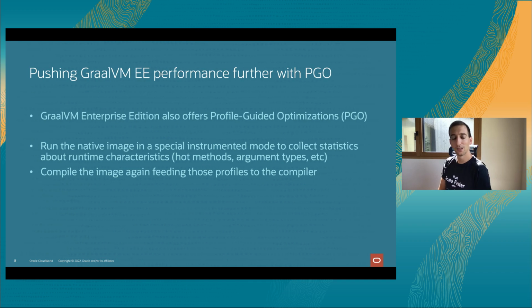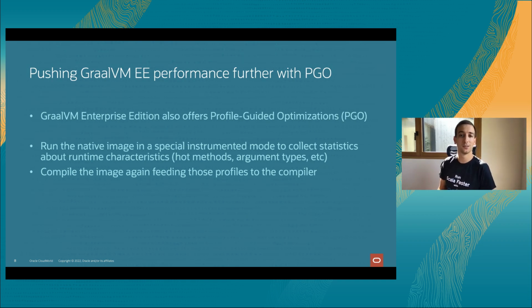What we do here is that we compile the application first into a native image that contains special instrumentation code, that will collect statistics for you about those runtime characteristics. Those mainly mean the hot methods.